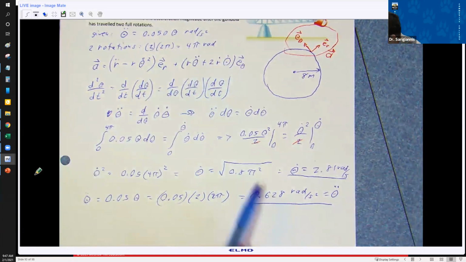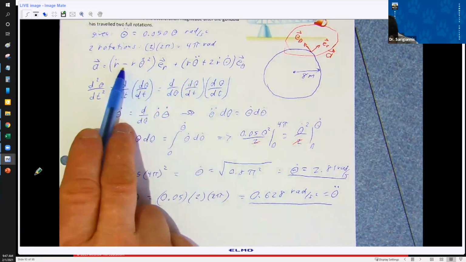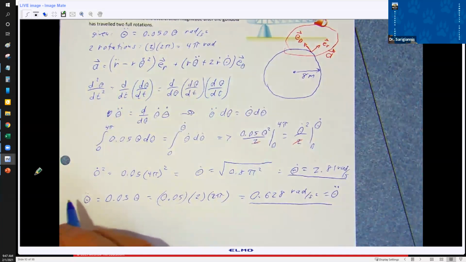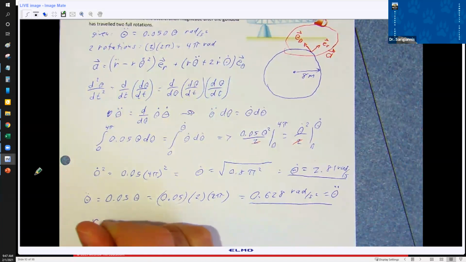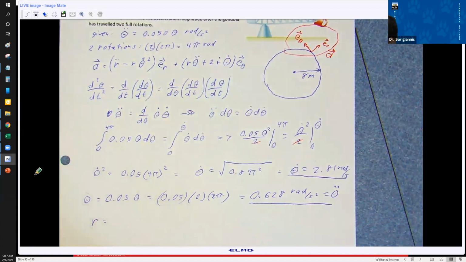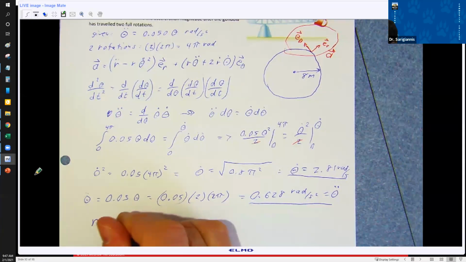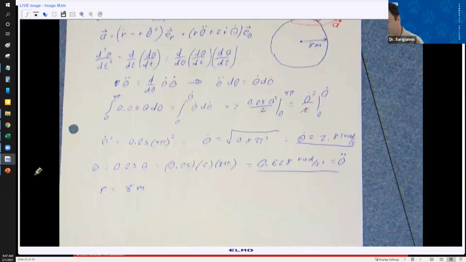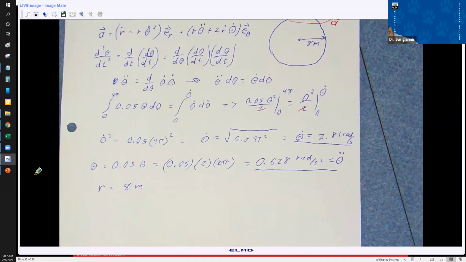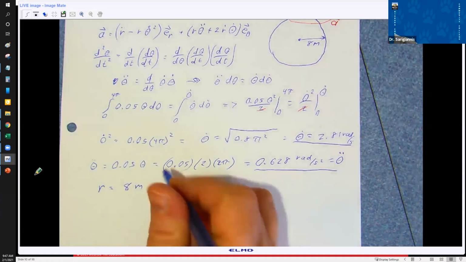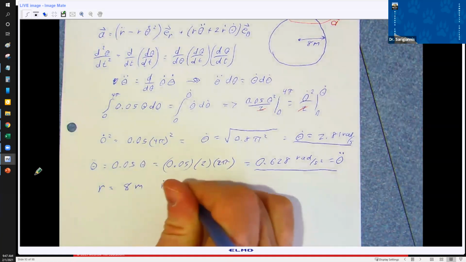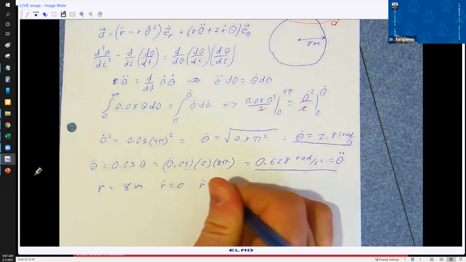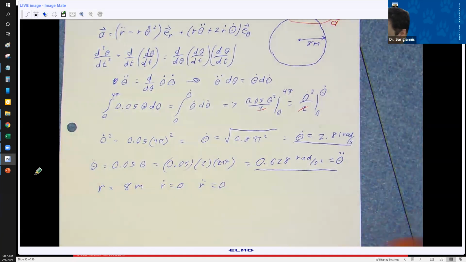So we have them numerically, and then we're looking for r, r dot, and r double dot. So r is equal to 8 meters. And the centrifuge arm is not changing with time, so that means r dot is equal to 0, and r double dot is equal to 0. There's no change in r with respect to time.